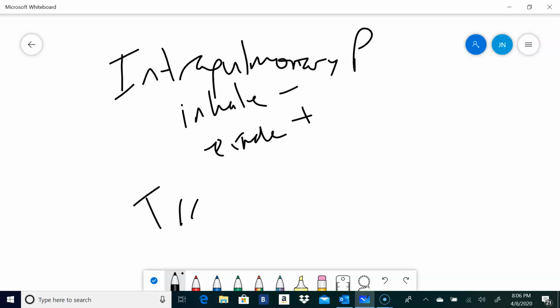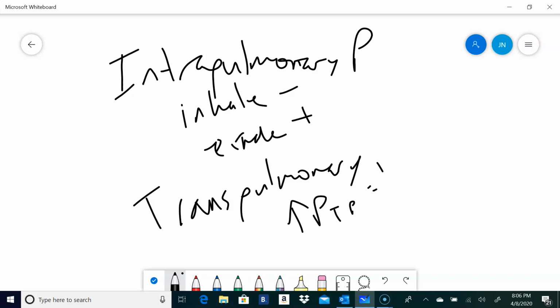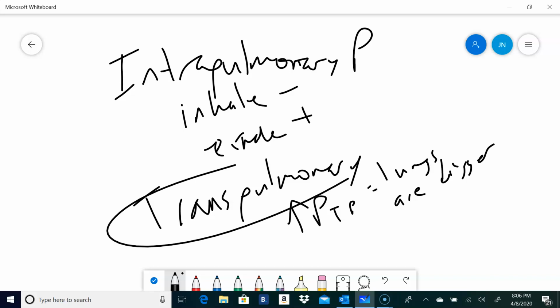The transpulmonary pressure is really the difference between the two. As transpulmonary pressure increases, the lungs are bigger. This will be an important thing later. More on that in a bit.